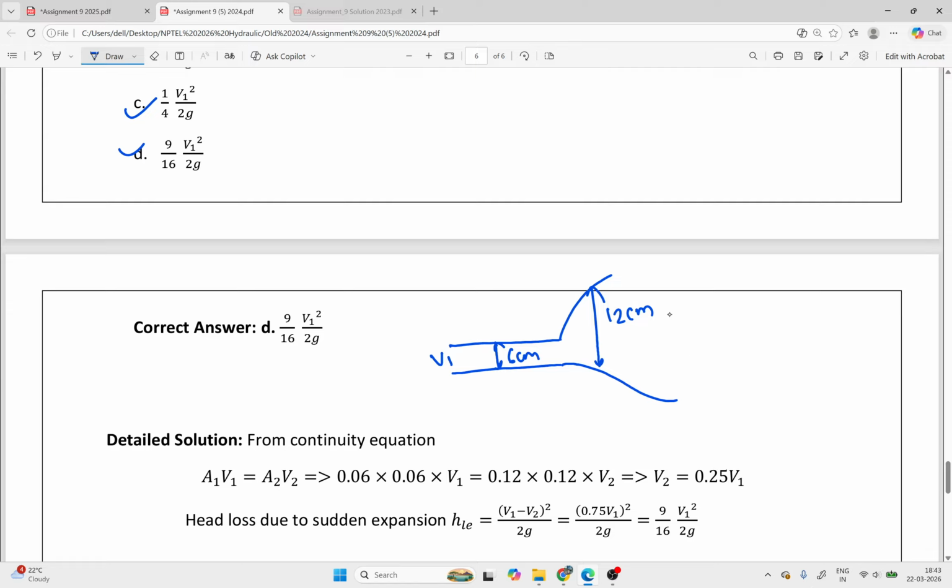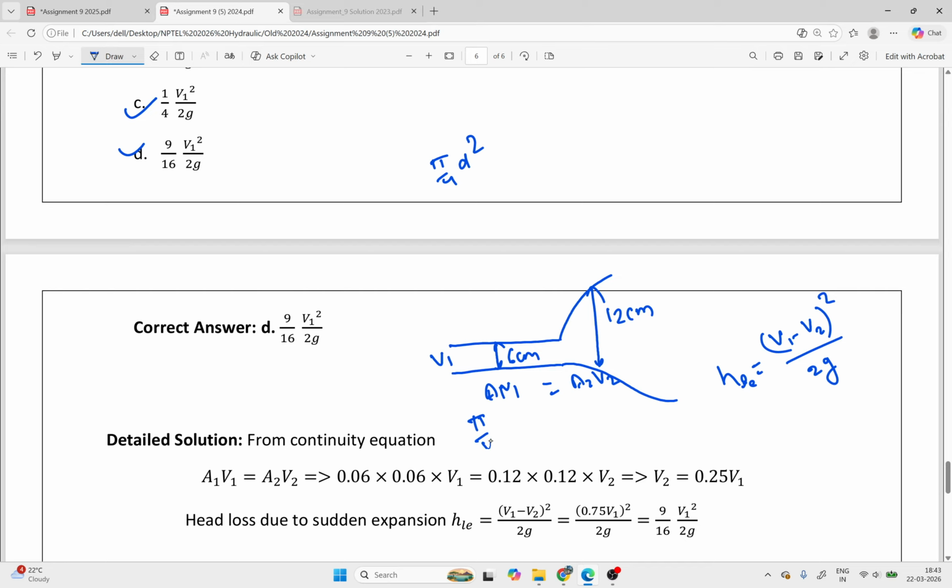So what is your loss? Loss is (v1 minus v2) whole square divided by 2g, as we have discussed in the previous questions also. Now the continuity should be followed here, that is a1 v1 is equal to a2 v2. A1 you know is pi by 4 d square. So pi by 4 will cancel out.